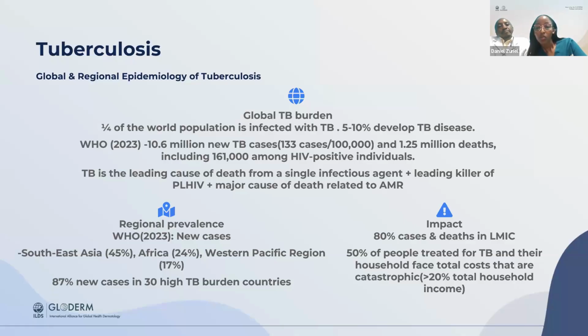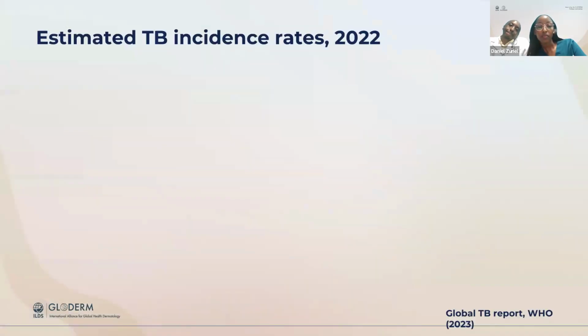The impact of tuberculosis is quite high, because more than 50% of persons treated for TB and their households will face a catastrophic total cost of treatment, while more than 20% of their household income goes into treating tuberculosis. Additionally, 80% of these cases and deaths were recorded in low and middle income countries.